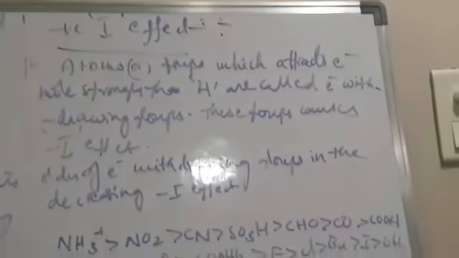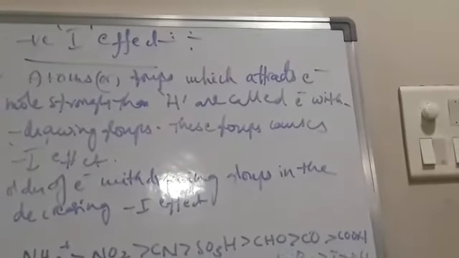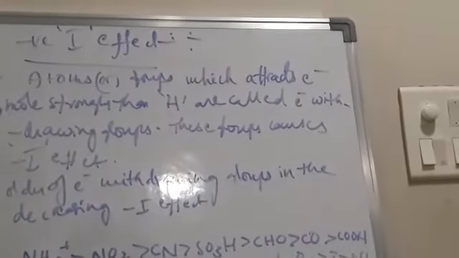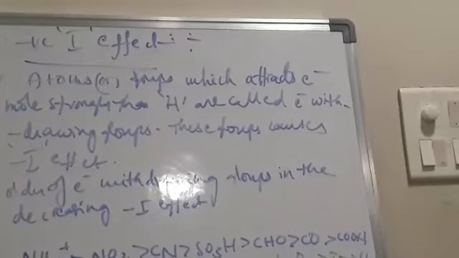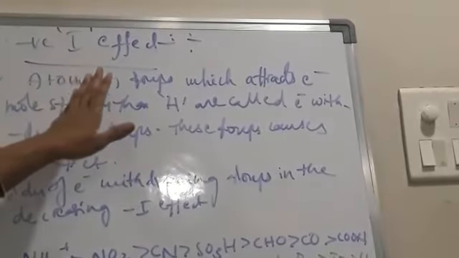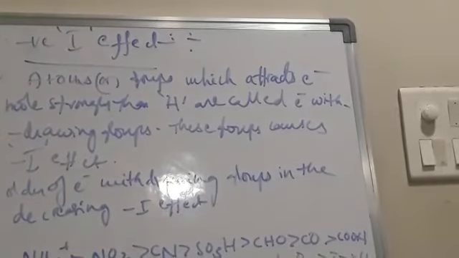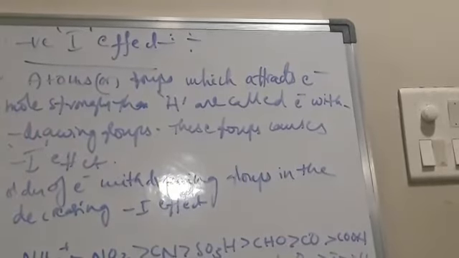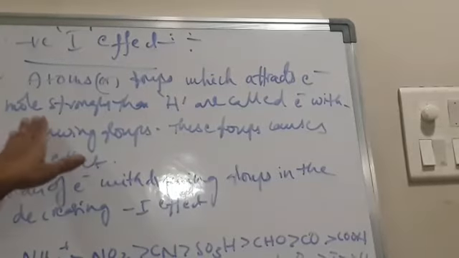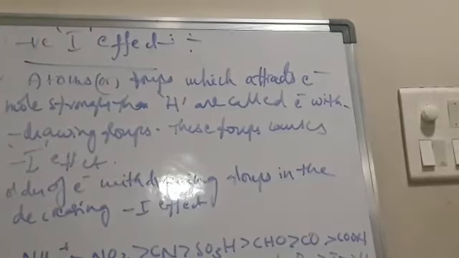Atoms or groups which attract electrons more strongly than a hydrogen atom are called electron withdrawing groups. Generally, electron withdrawing groups cause the negative inductive effect.